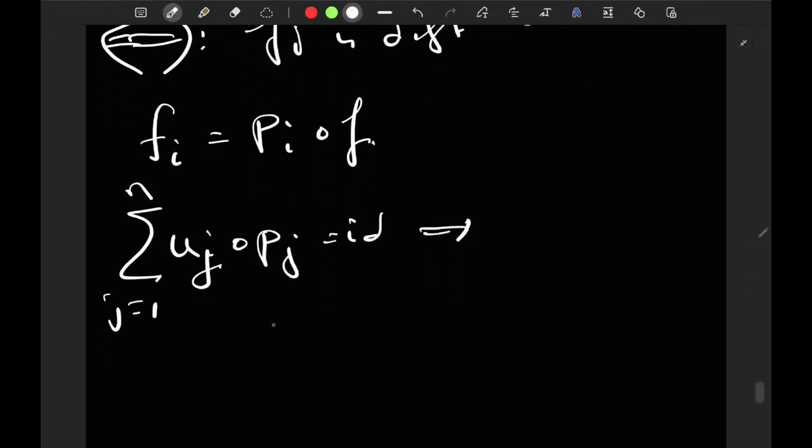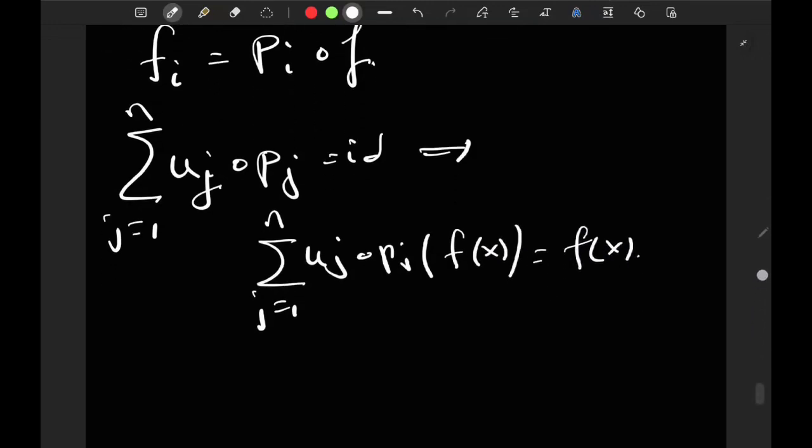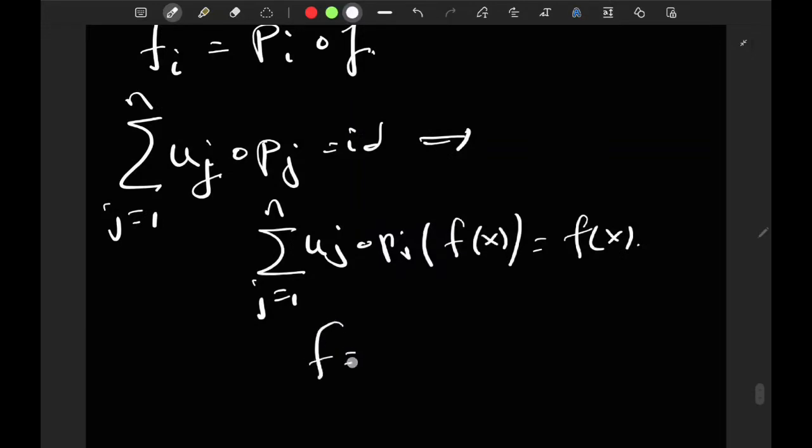This implies that the sum from j equals 1 to n of u_j ∘ π_j applied to f itself, f(x) is equal to f(x). So we're really saying f is equal to the sum of u_j ∘ π_j ∘ f, from j equals 1 to n.